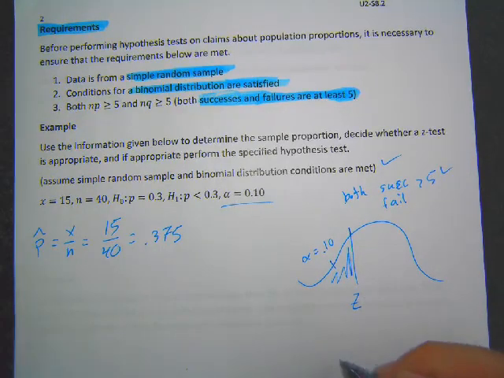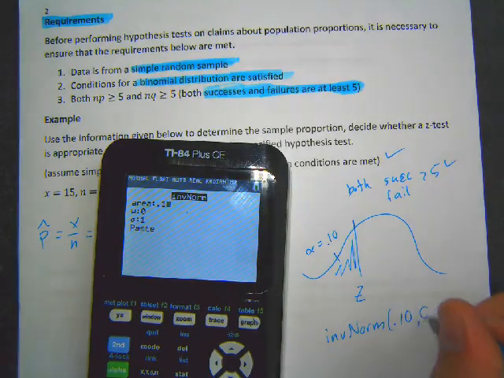Since these are z-scores, we're going to use inverse norm. Always use inverse norm for z-scores. And then the area we want to the left is 0.1, so we'll do 0.10, that's the area to the left. And there's an inverse norm. And then that's really all we need because the other values are the mean and the standard deviation.